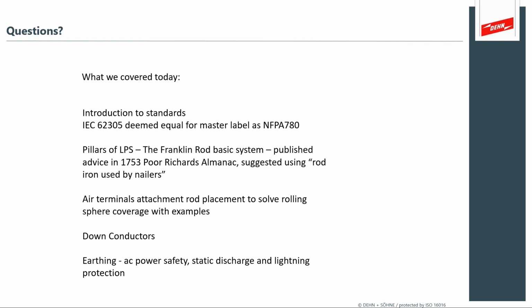Yes. There's a question here. What should your mesh size be for the foundation earth electrode system? The mesh for the interconnection needs to be a minimum of 10 meters if you're using the foundation earth electrode for your LPS system.